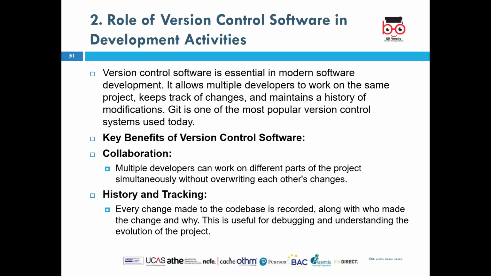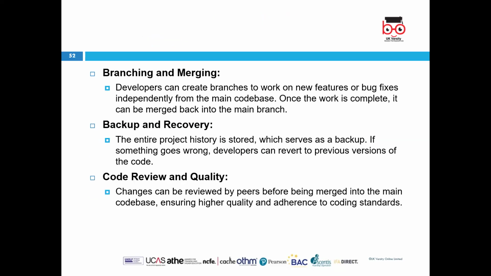So what are the benefits of a version control system? This gives collaboration, where multiple developers can work simultaneously on the same project. History and tracking, where we have documented everything that has been changed within our project. Branching and merging, where developers can now create branches to work on new features or fix bugs independently.